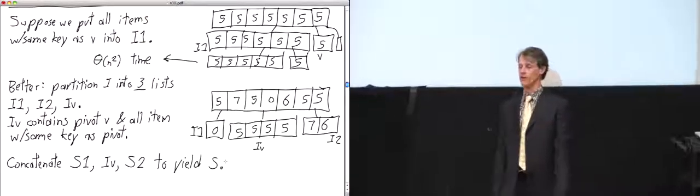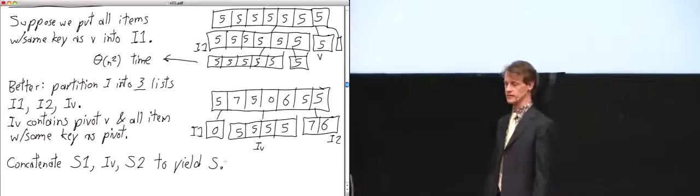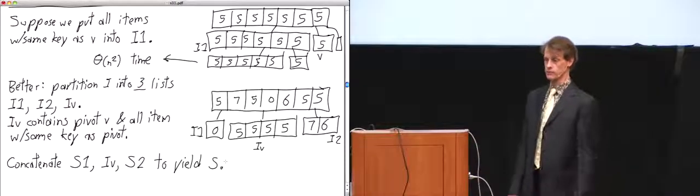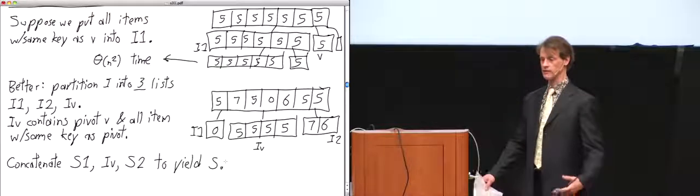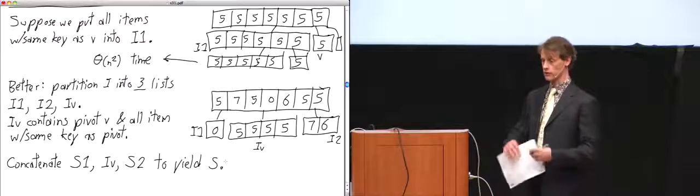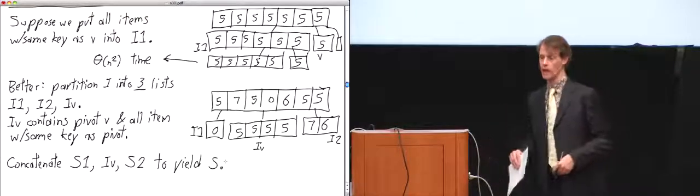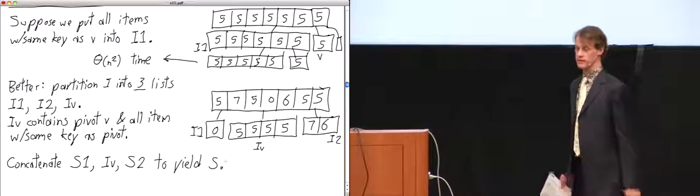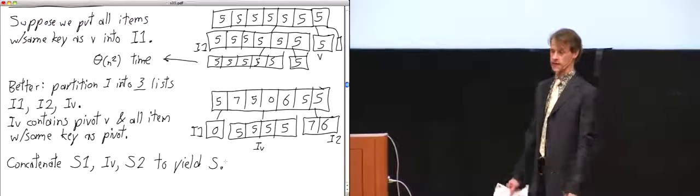If you try writing the code for that, you'll find it's a messy pain. You can do it if you think hard enough, but then you're also going to find out that it's slow, that the big O factor is much bigger than it is for the code that just partitions into 2 lists. And therefore, you lose the advantage of quicksort, which is it's usually the fastest sort.